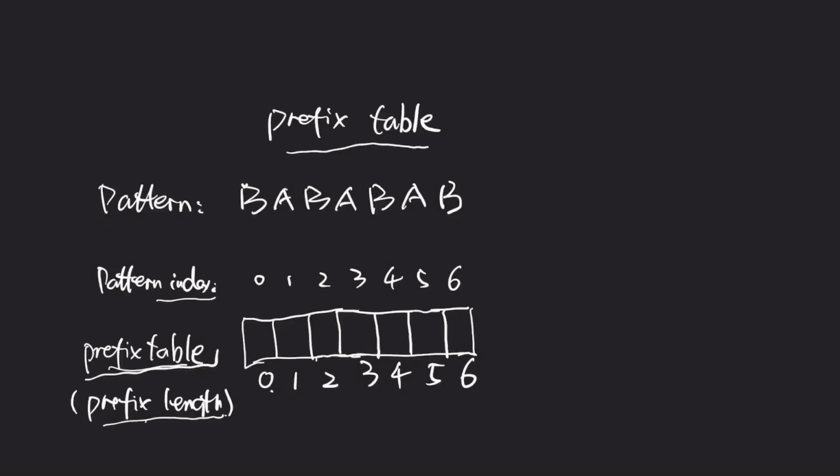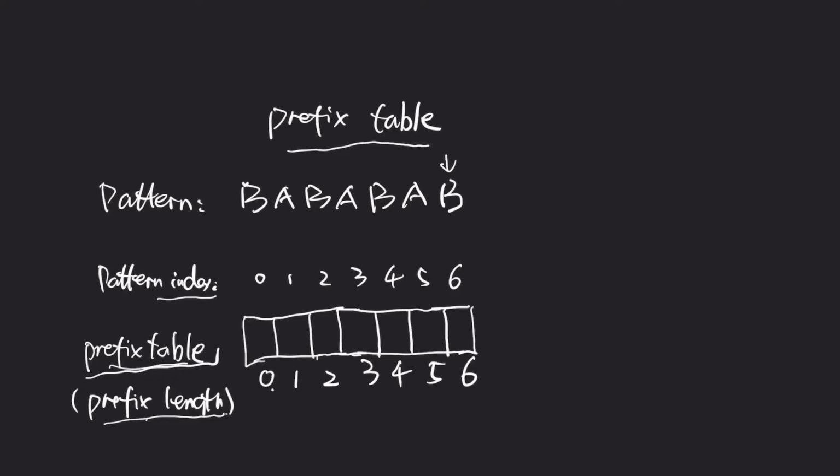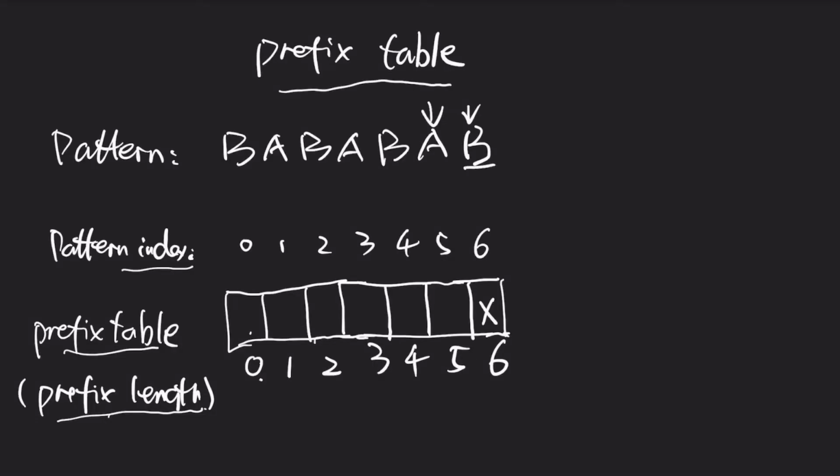If the mismatch happens at the last index, then we don't have a suffix, so we just put 0 here. If it's here, then the suffix is B, and we compare B with the original one. Then B equals B, so the prefix is the same as the suffix. The value should be 1, and we put 1 here.